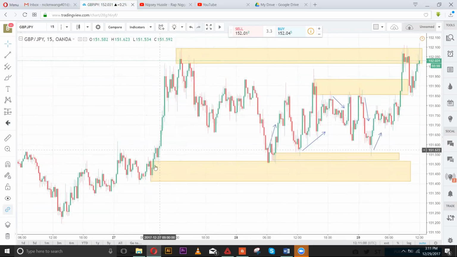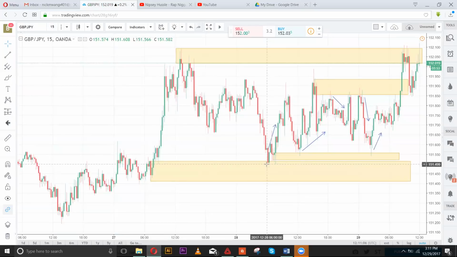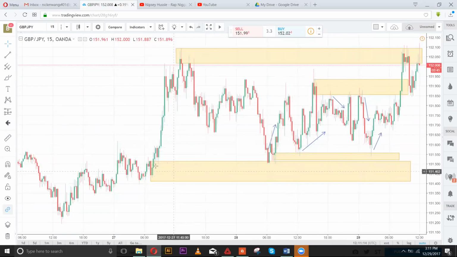Remember that they still have some other pending orders that have not been closed. So the market will come back down. Then once it gets here, the remaining pending orders are taken again until all the orders are filled. That's when this demand zone is exhausted, since all the pending orders at that level have been filled. And now they go to another zone, and that's basically how it works.